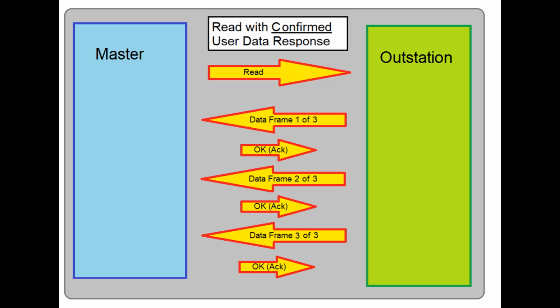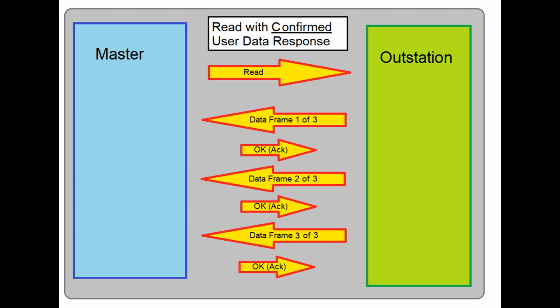There is no way to accurately determine if confirmed user data is worth the overhead and delay, since the same overhead occurs when there are no errors. The trade-off against this extra overhead is faster recovery when there are errors.